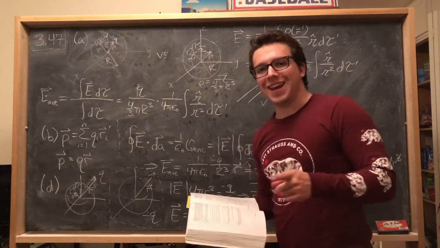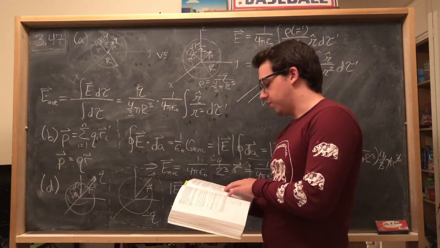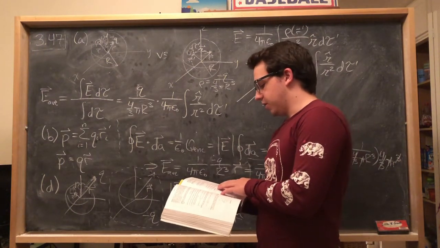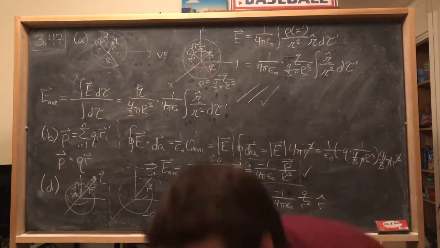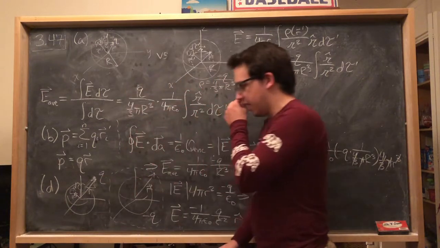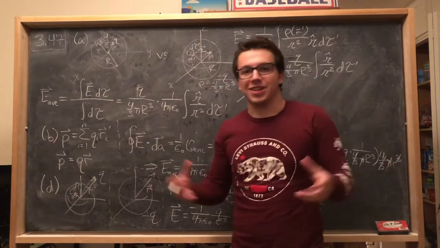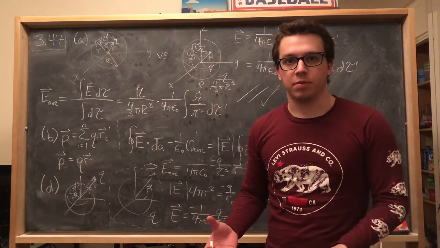But part D asks us to, while we're at it, show the average field over the volume of a sphere due to all the charges outside is the same as the field they produce at the center. We've shown this for one point charge, but we can generalize it to a collection of charges just by invoking the principle of superposition.